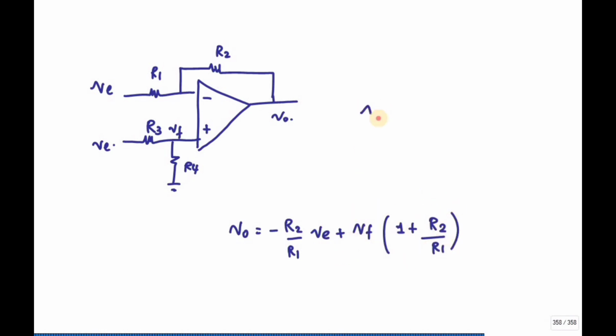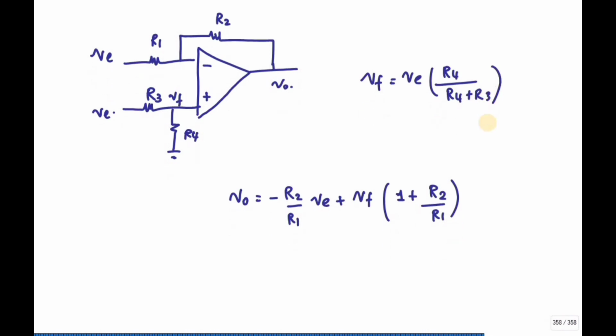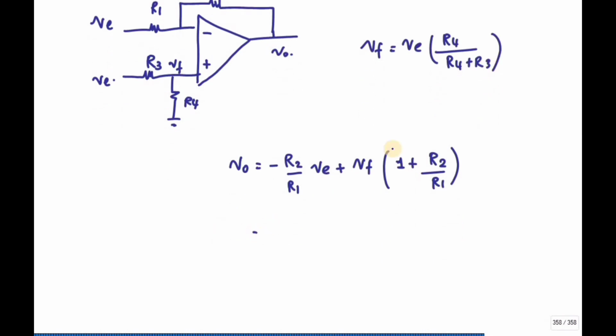How to write VF? VF is equal to VE into R4 divided by R4 plus R3. So we substitute in this equation.